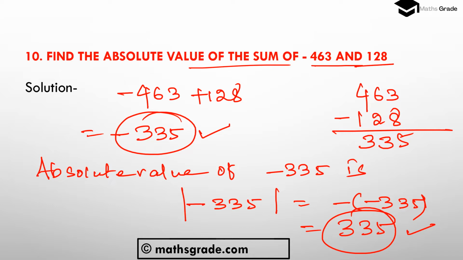The absolute value of a negative integer is a positive integer, and the absolute value of a positive integer is always a positive integer. So the absolute value of minus 335 is positive 335.